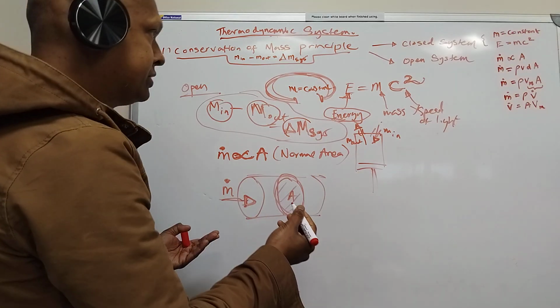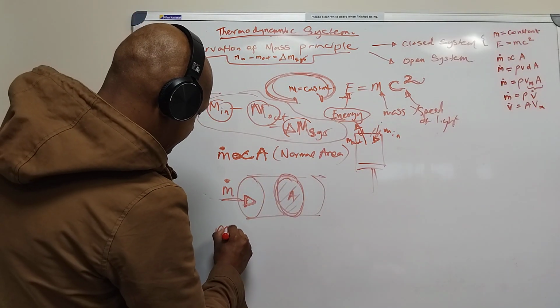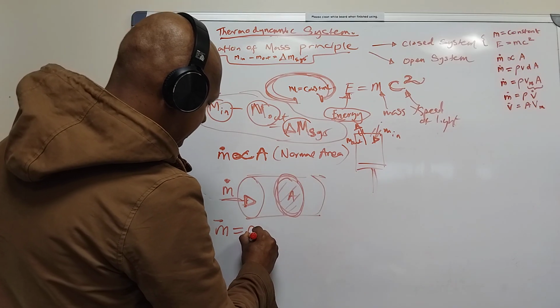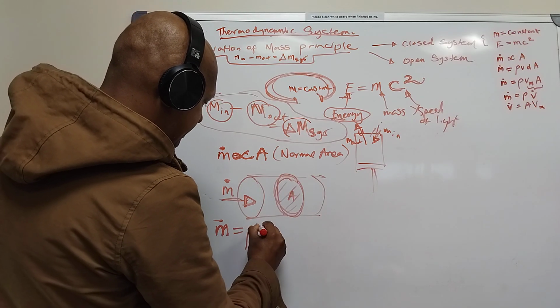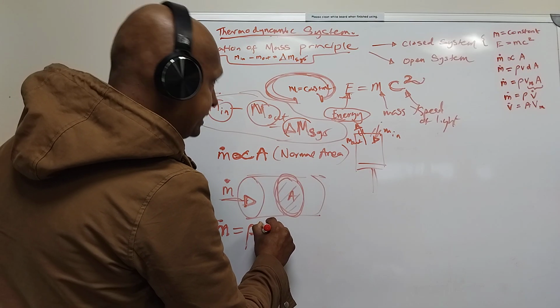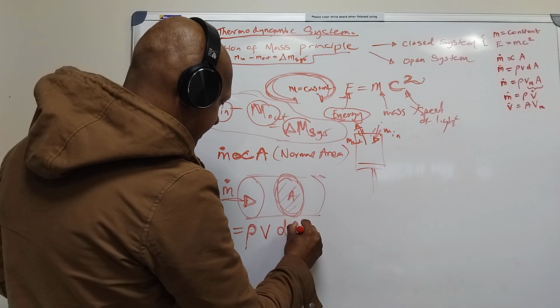So it becomes a derivative. Mass flow rate is, mass is usually rho times V, so rho times V and then dA.